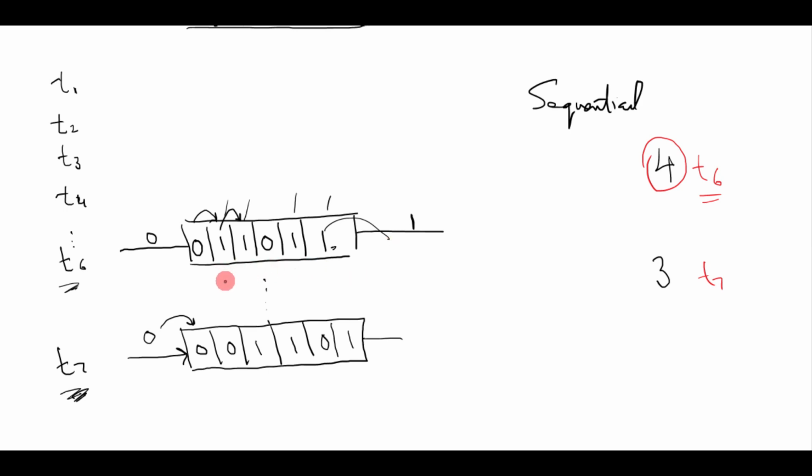If you know the state of this register, or the number of ones in this register, only then can you calculate the number of ones in this register at next time t7.